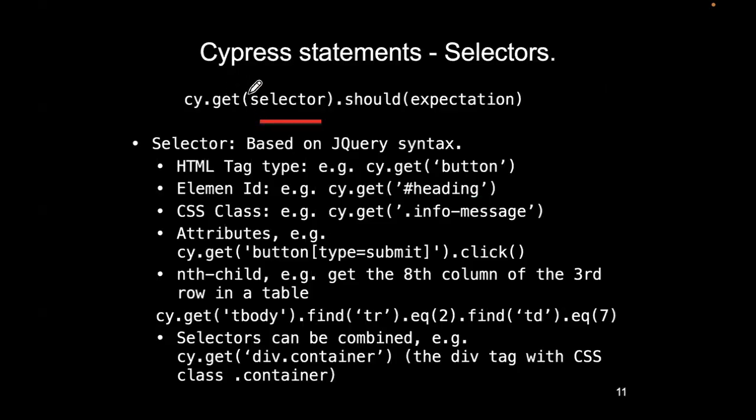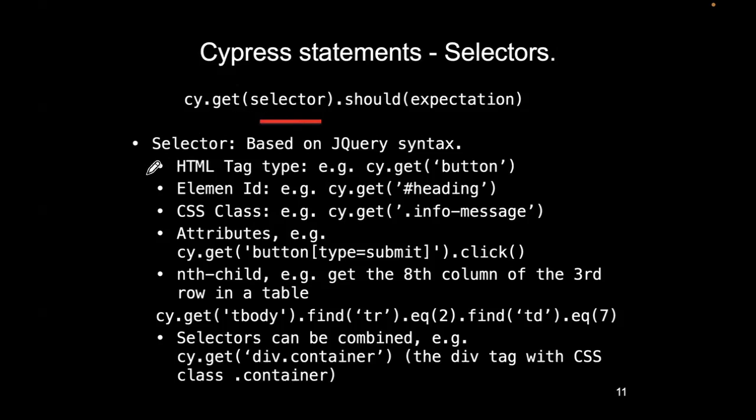Now, that's the command. Within the commands, many of the commands expect a selector as an argument, where the selector specifies the type of DOM elements that you're trying to access. And the selector comes in many different forms.